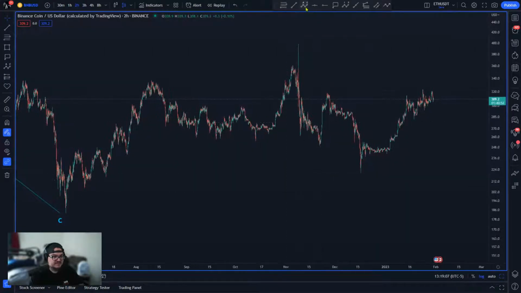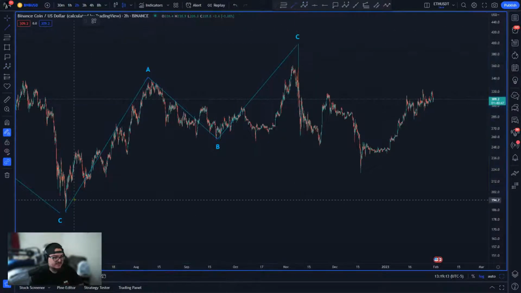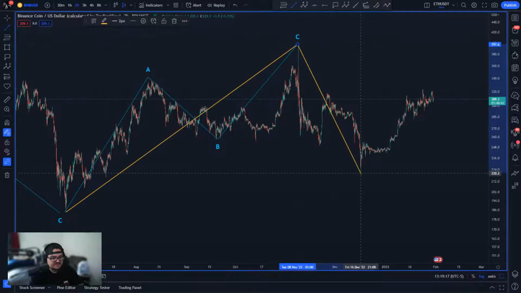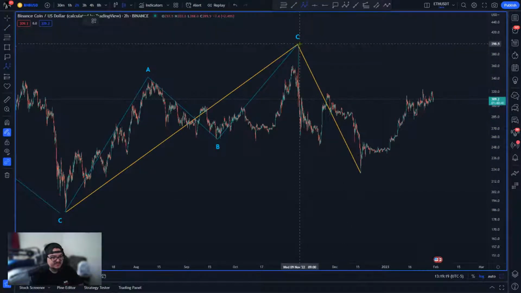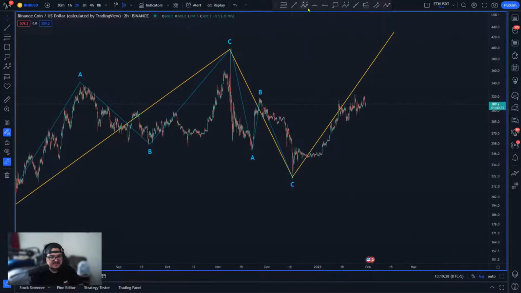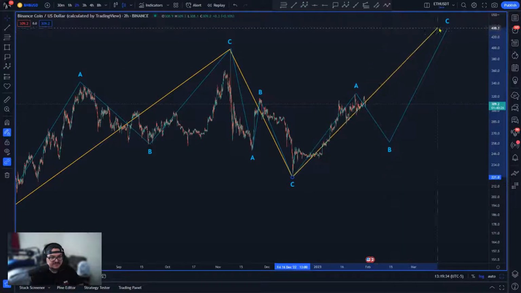To me, this looks like a larger A to a B to a C to complete an A, where we finished the B wave and based off of this ABC, it looks like we could be coming up for a higher high. But ultimately, like I said, I'm probably looking for a larger pullback, something like this, and then where we continue higher.